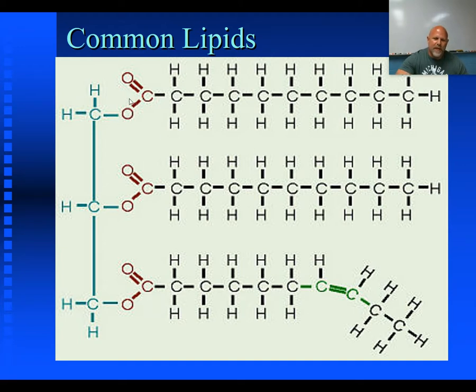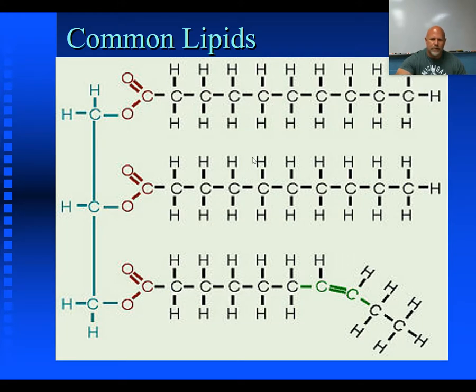It's called tri because there are 3 fatty acids, and this is our glycerol molecule over here. If you have the fatty acid completely filled with hydrogens, we call that a saturated fatty acid. So it's holding as many possible hydrogens as it can, and they make nice straight chains.